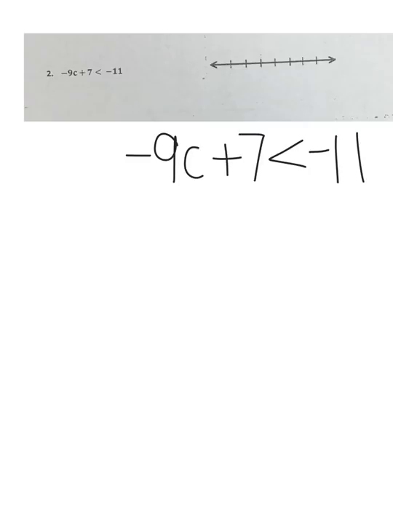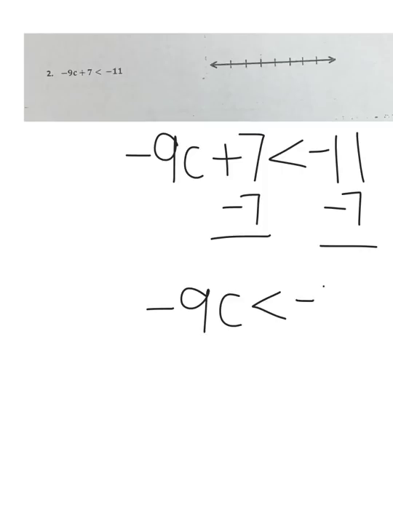Okay, for number 2, we have negative 9c plus 7 is less than negative 11. So we need to start by subtracting 7 from both sides. And it leaves us negative 9c on the left is less than negative 18, which is on our right.